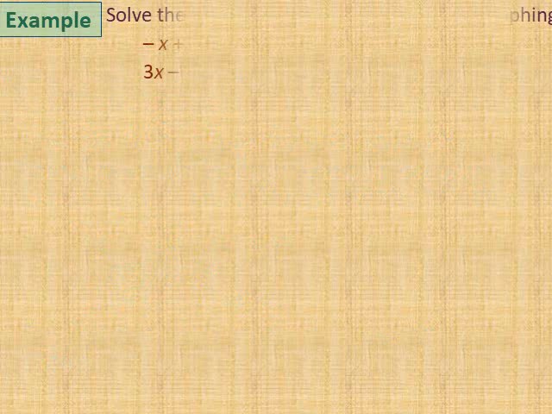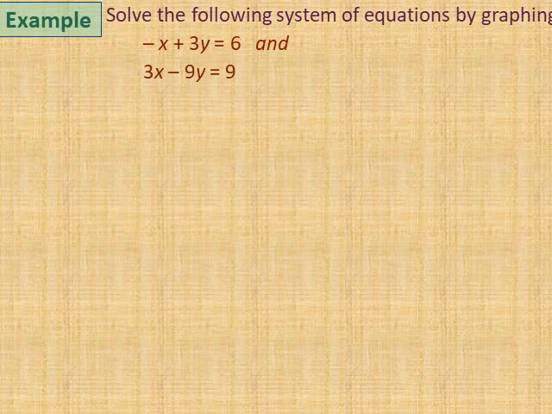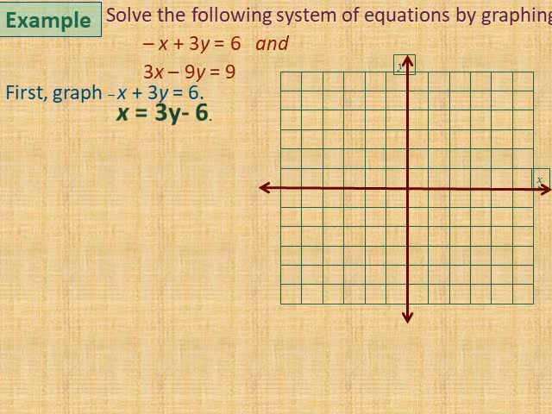Start with another example. Here we have negative x plus 3y equals 6, and 3x minus 9y equals 9. Let's graph the first line, negative x plus 3y equals 6. I'm going to rewrite the equation as x equals 3y minus 6. Here I move negative x to the other side and 6 to the left side, okay?